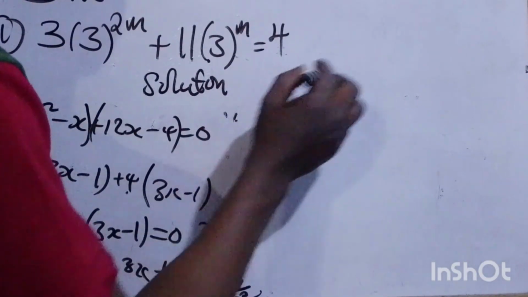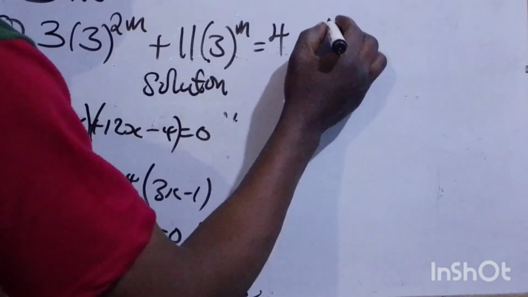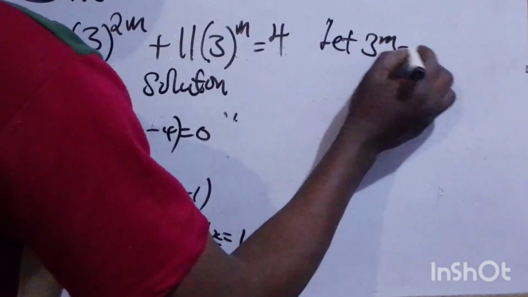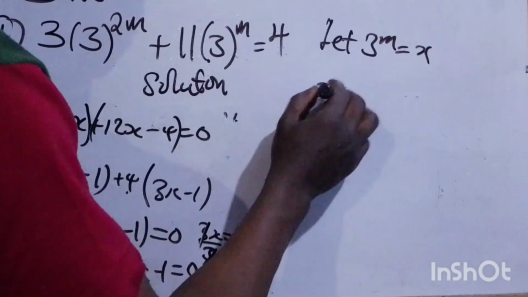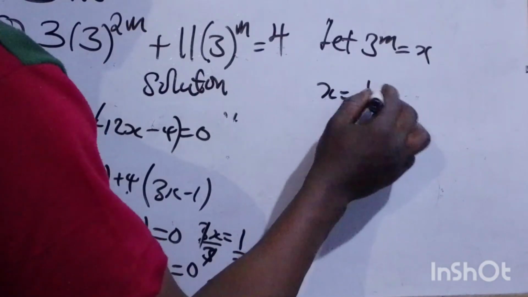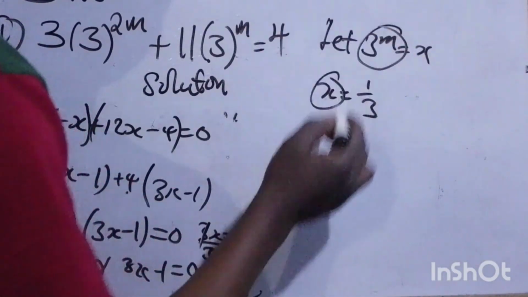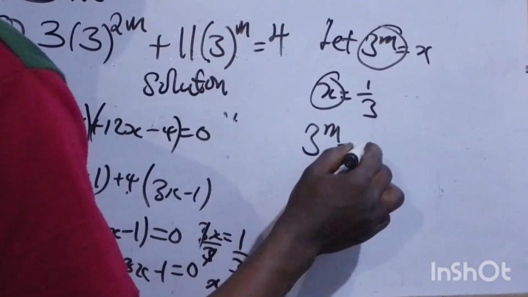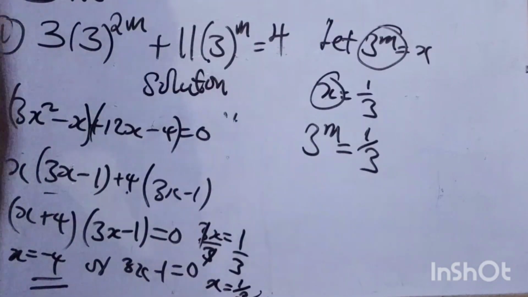Remember, earlier we said let 3^m equal x, and here we have x equals 1 over 3. So where x is, substitute 3^m, and we have 3^m equals 1 over 3. This is simple and straightforward.